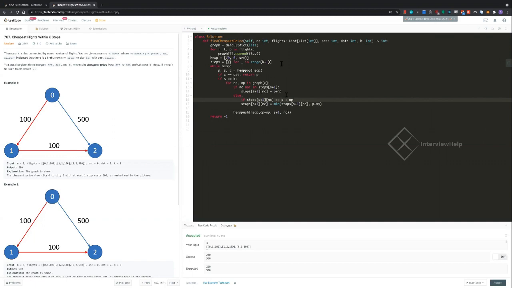If it's equal, you don't want to update, right? The updating is fine because it doesn't change anything. But the question is, if it's equal, do you push to the heap? If it's equal, then nothing happened, because that means it's the same number of stops at the same cost. So there's no point in adding it to the heap. Yeah, I don't think you should.